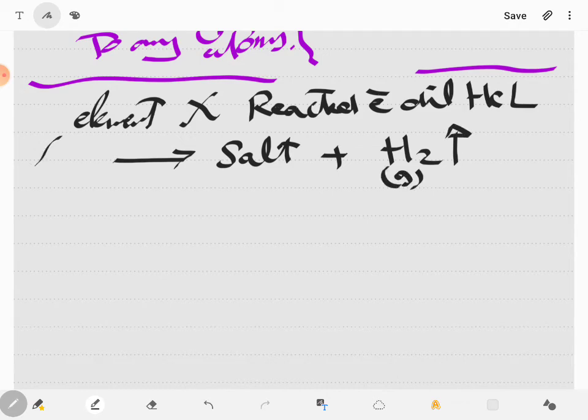So X plus HCl gives salt, say Y, with H2.